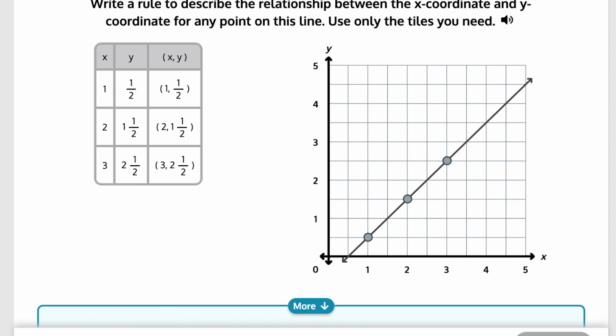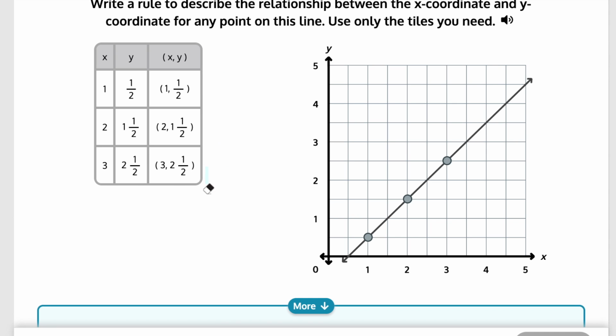So I'm noticing in each one, the y-coordinate is 1/2 less than the x-coordinate. So 1/2 is 1/2 less than 1. 1 and 1/2 is 1/2 less than 2. 2 and 1/2 is 1/2 less than 3.